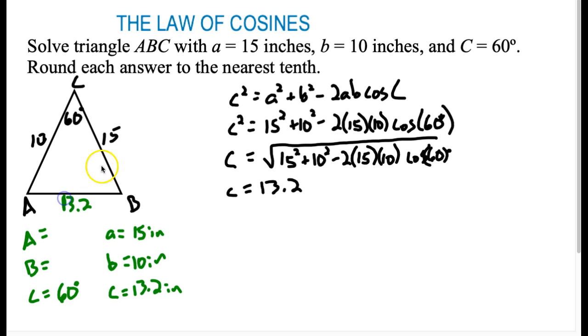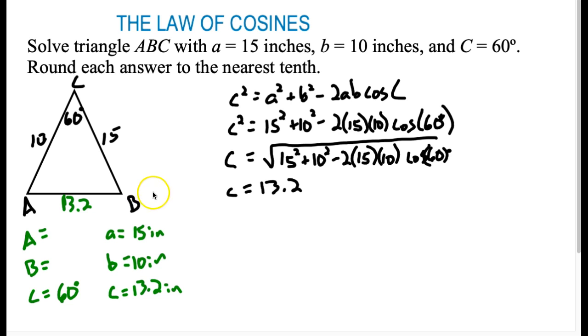All right, so now we can choose to solve for either A or B, and to do that, we can use the law of sines. The law of sines is usually a little bit easier to work with, so whenever you can, you want to try to use the law of sines.